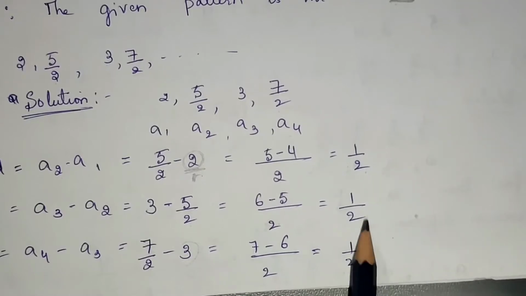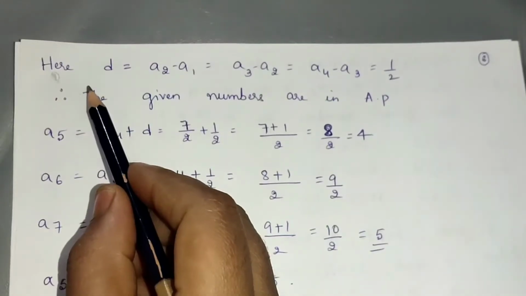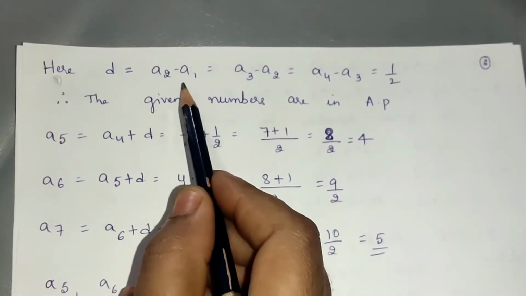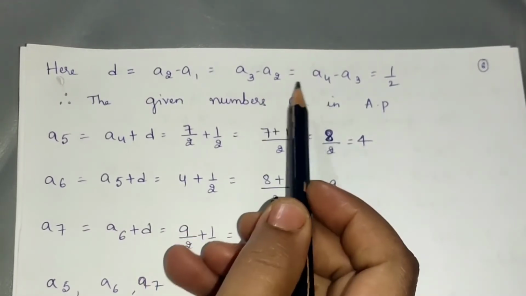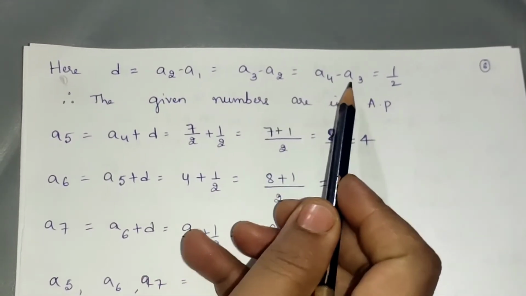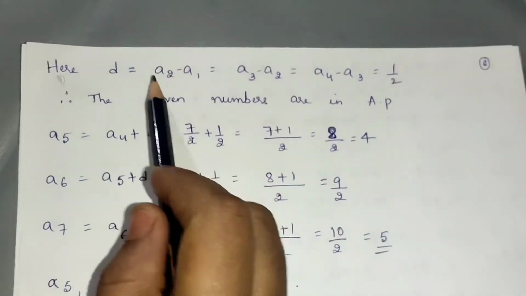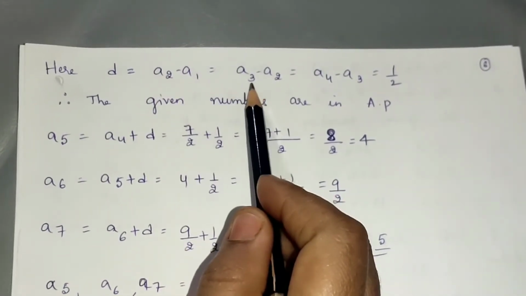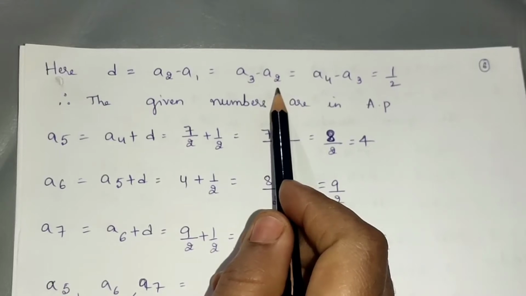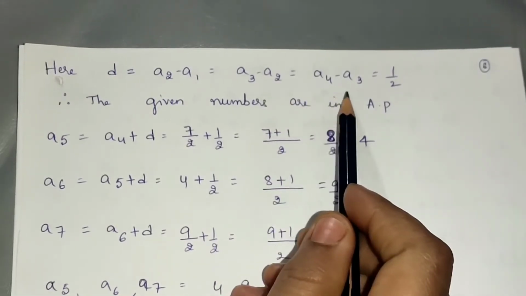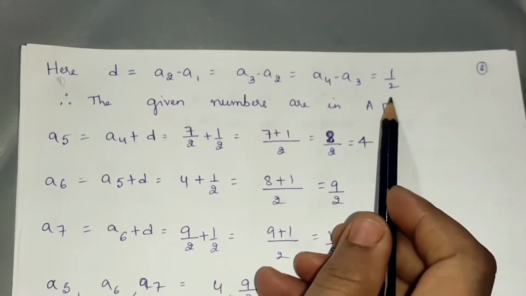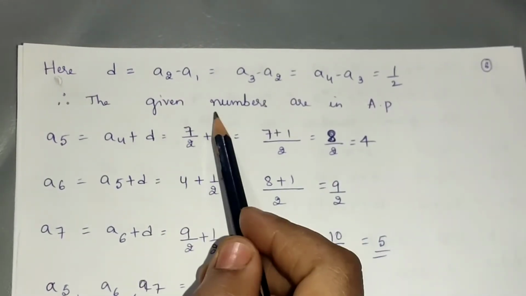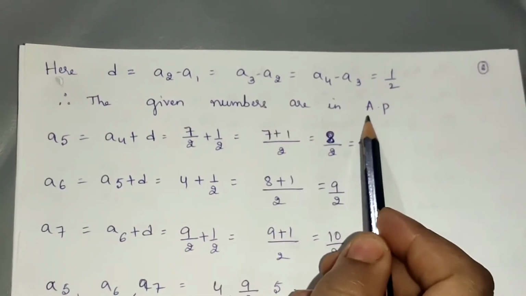If you observe all, it is same. After finding the common difference, it is found to be the same in all the cases, that is 1 by 2. That is, second term minus first term is same as third term minus second term, is same as fourth term minus third term, that is 1 by 2. Hence, we can write that the given numbers are in AP.